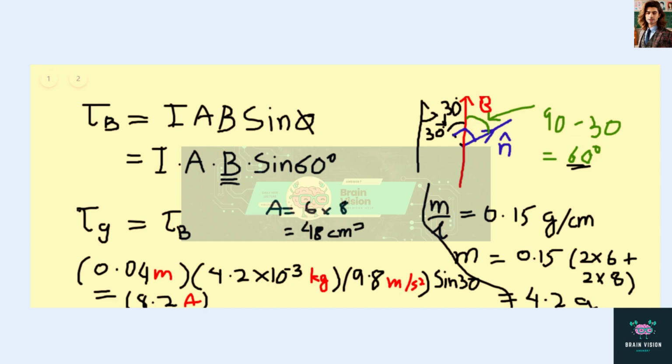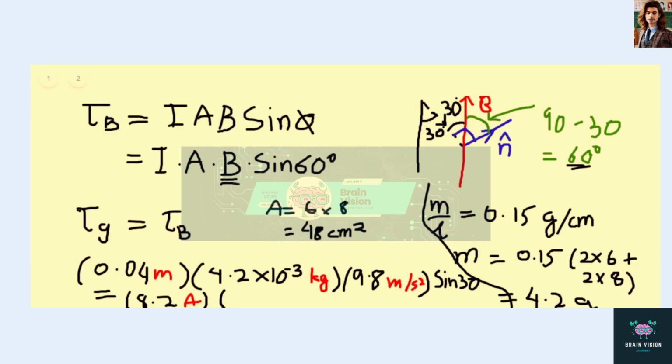Again, I should use the right units. To convert centimeters squared to meters squared, I divide by 100 twice, once for each centimeter, so I divide by 100 squared.